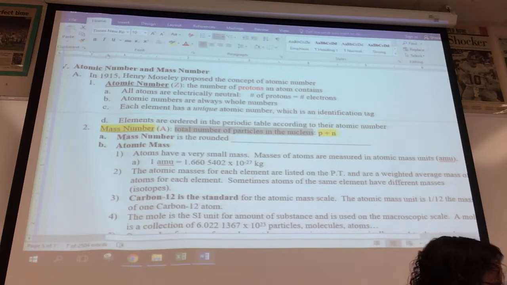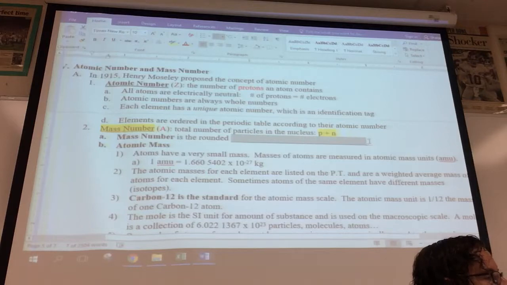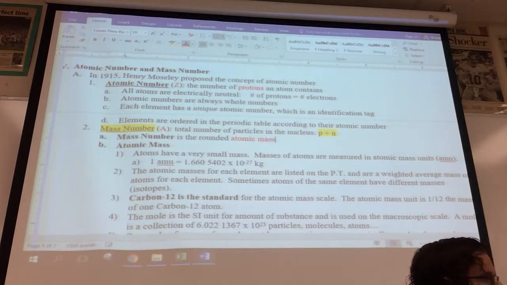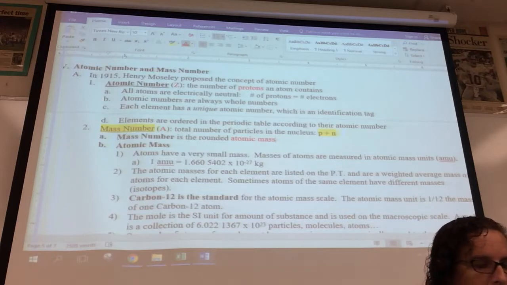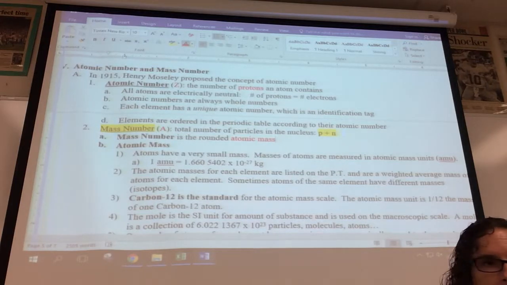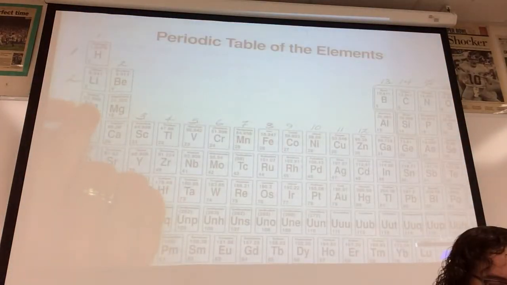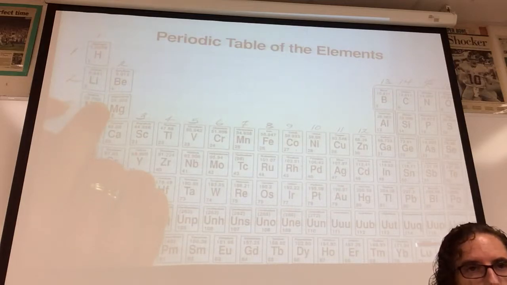Now be careful with the terminology here. The mass number is the rounded atomic mass. The atomic mass is what is reported on the periodic table. The atomic mass for the element sodium is 22.990 AMU for atomic mass units.